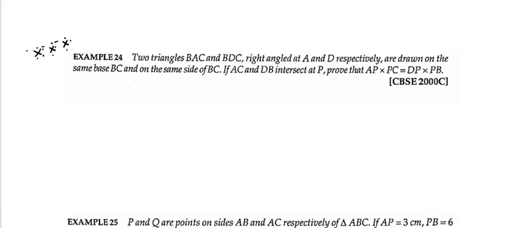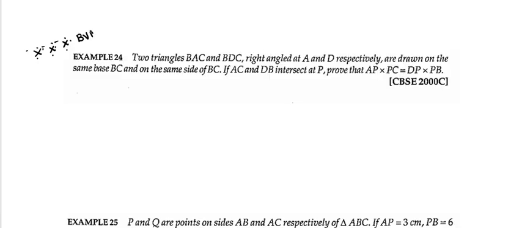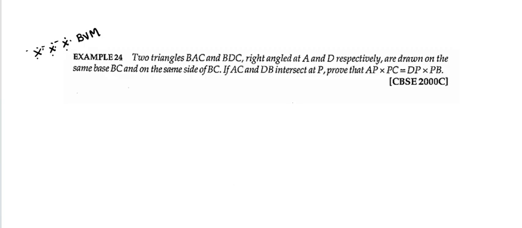Now, why do you think this question is important? Why does BVM prefer this question? Because you have to draw the diagram. Okay, va? Why the diagram? They are telling that two triangles BAC and BDC are drawn on the same base.